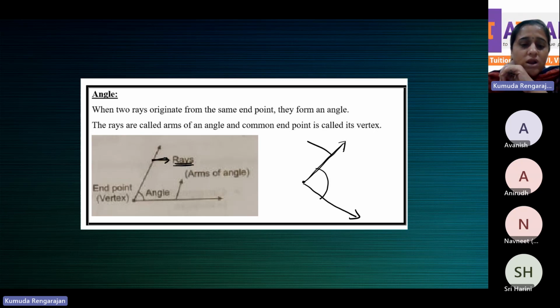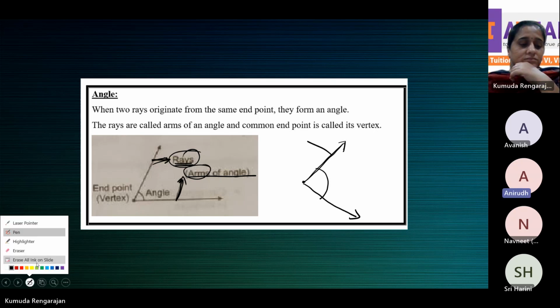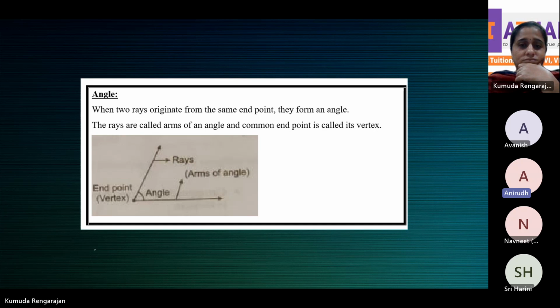That means these two are called the rays. And these two are called the arms of the angle. You can see the plural here, rays, arms. They can't point to this one and say arms. They are saying these both lines are called rays and arms.